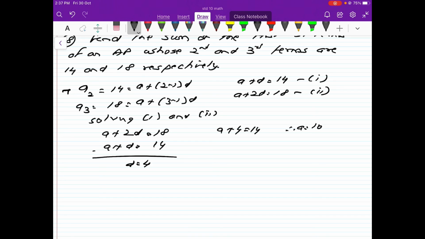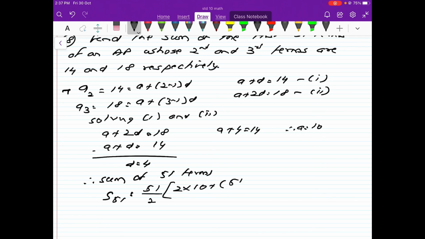Therefore the sum of 51 terms will be S51 is equal to n upon 2, so it is 51 upon 2 into [2 into a, which is 10, plus (51 minus 1) into d, which is 4].